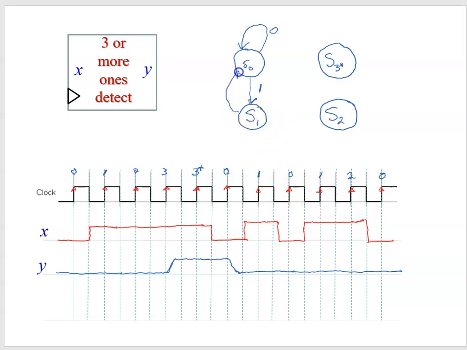We're not holding on to that, so we need to go back to state 0. If we get a 1 when we have 1, then we have 2. But if we get a 0 when we have 2, we go back to state 0. If we get an input of 1, we'll go to state 3.